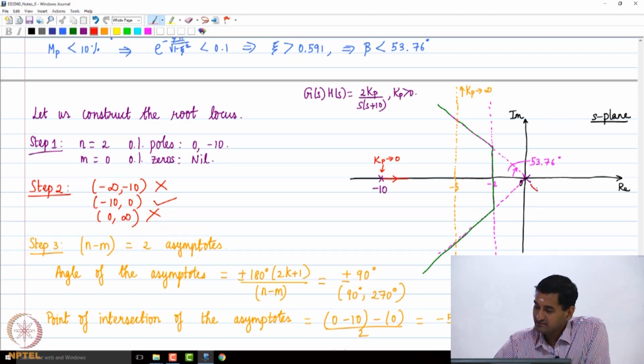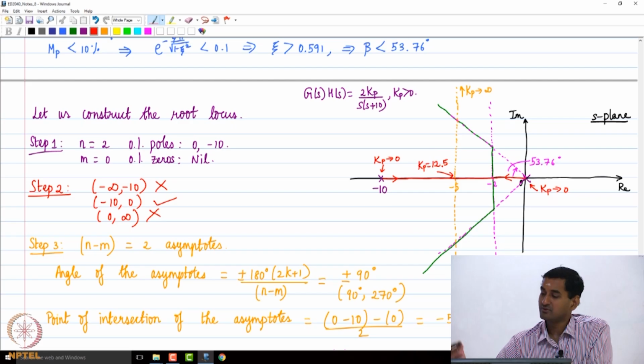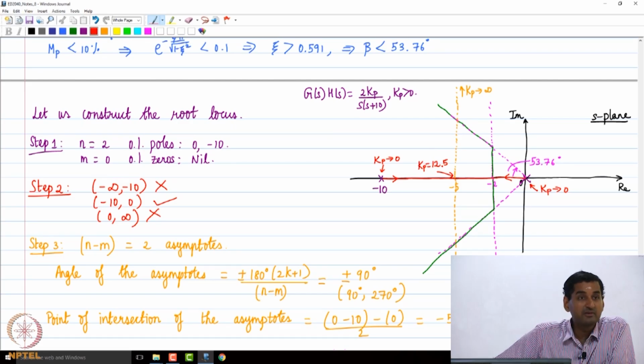Similarly, another branch will start from the open loop pole at 0 and start traveling towards the left. And obviously these two will come and meet at minus 5. So minus 5 becomes a breakaway point where Kp is 12.5. Okay, so that's what we have as a breakaway point.